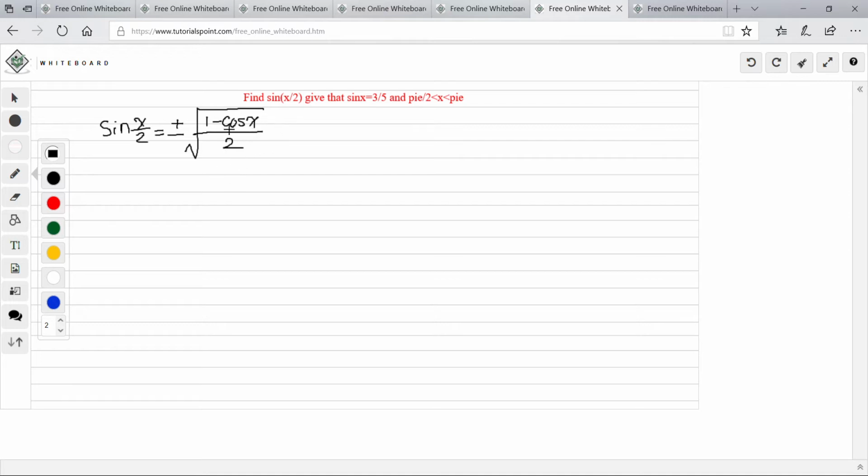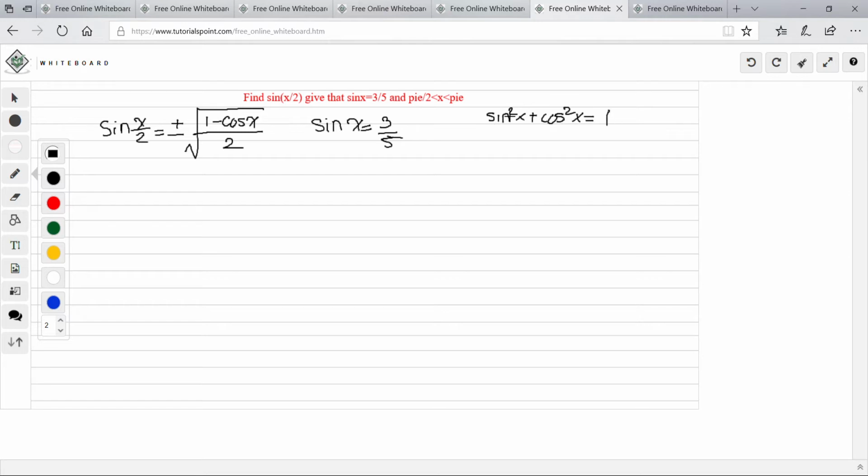We don't have that. So to find cosine of alpha, we're given that sine of alpha equals 3/5. This was given. So we can find cosine alpha really easily by using this formula. Remember, sine squared x plus cosine squared x equals 1.